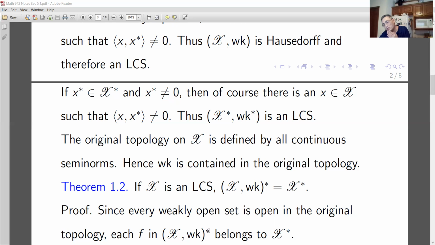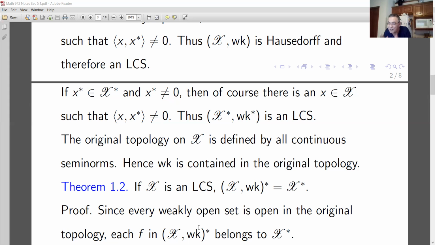Remember that continuous means that for each open set in the real or complex numbers, the preimage is open. When we have fewer open sets, this condition is more difficult to satisfy.